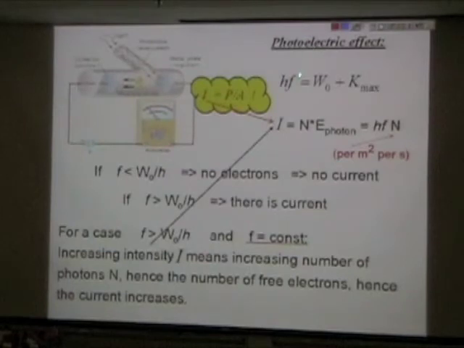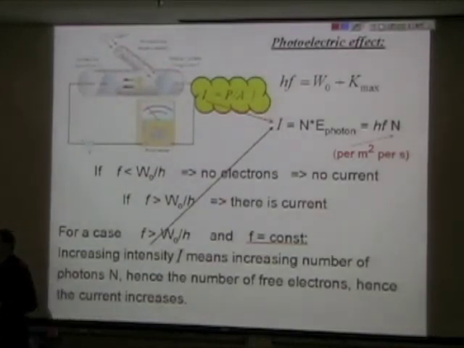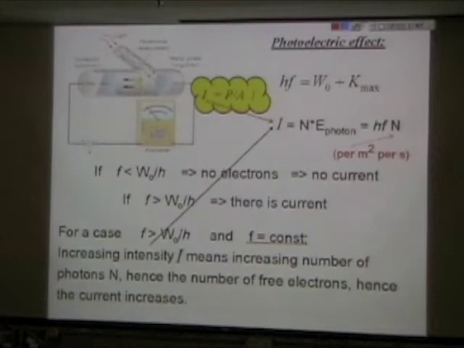In that case, the frequency doesn't change, and that doesn't affect the maximum kinetic energy of electrons. But what does it affect? Again, in the simplest case, one photon ejects one electron. So if we change the number of photons, we change the number of electrons ejected from the plate. That's it. But that's a straightforward question.